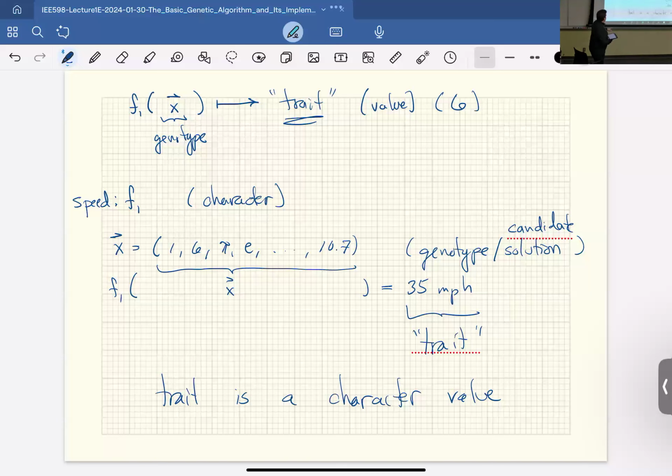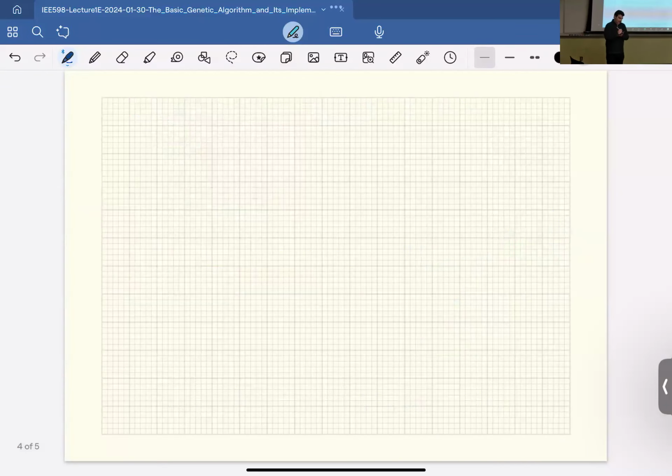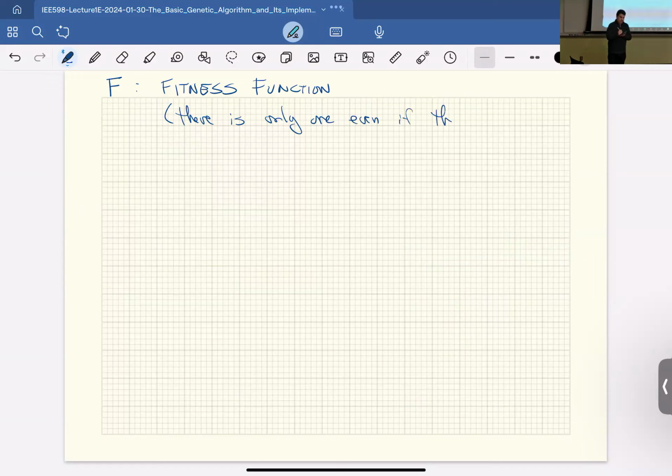So now that we've got a trait, and I'll ask for questions in a second once I define fitness, we can say we've got some function F, which is a fitness function. And here there is only one, even if there are multiple objectives.